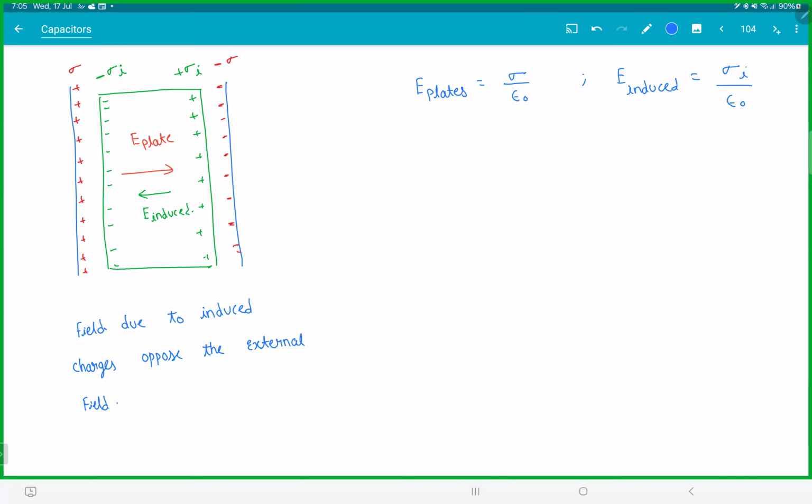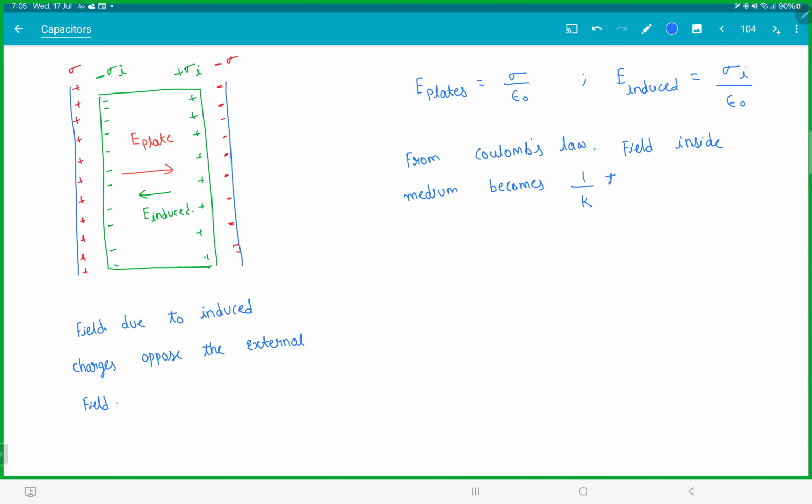And we saw from Coulomb's law, whenever you keep this in a medium, the field or the force becomes 1 by k times. Same thing we discussed in Coulomb's law: field inside the medium becomes 1 by epsilon r times.